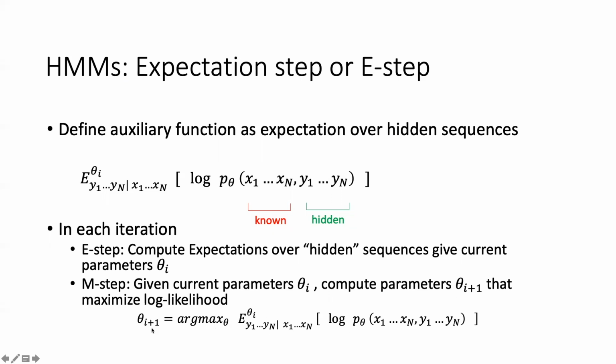So that is theta_i+1. From iteration to iteration, the likelihood of the data will keep increasing. We'll stop the iterations when the likelihood saturates.